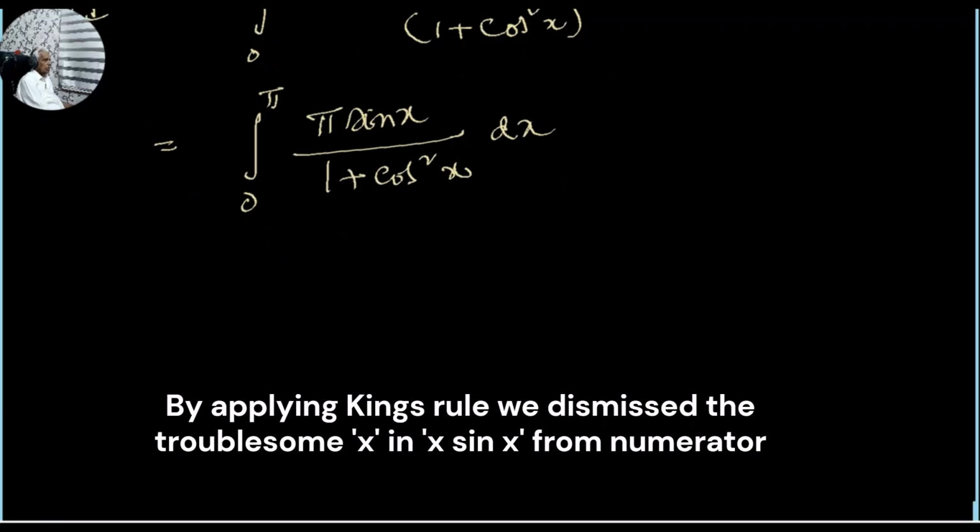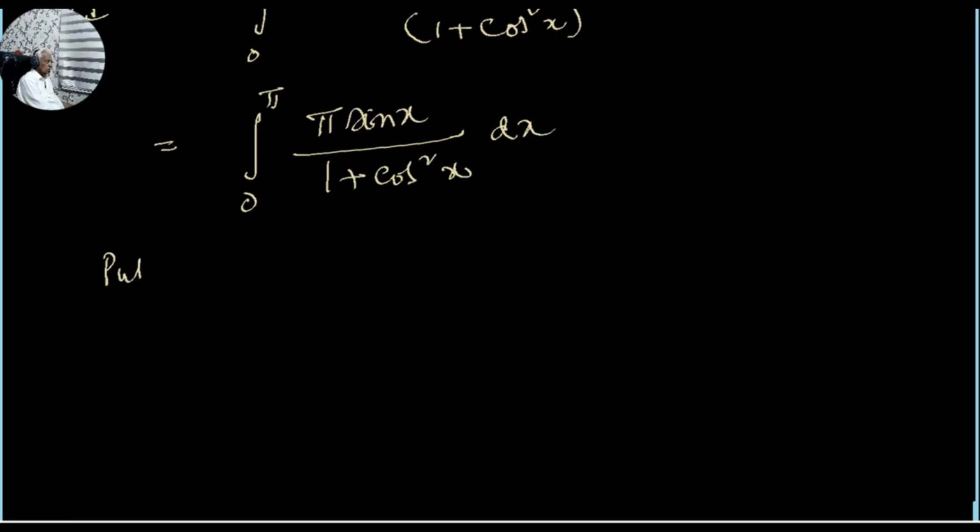So now put cos x equal to t. Then minus sin x dx is dt. As x tends to the lower limit 0, t tends to 1.